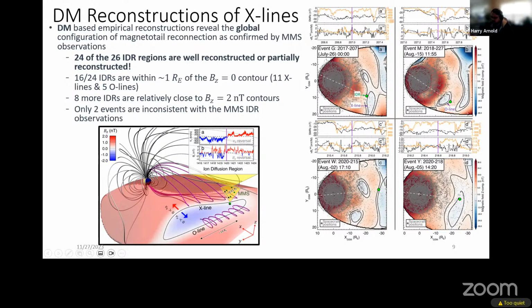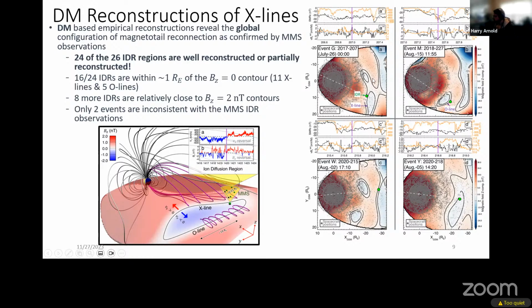So these ion diffusion regions, they correspond to X lines and O lines, and they were really observed in situ by MMS. There's a list of 26 of them. And of that 26, data mining was able to successfully reconstruct 24 of them.